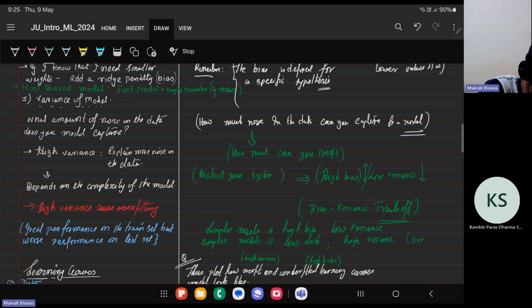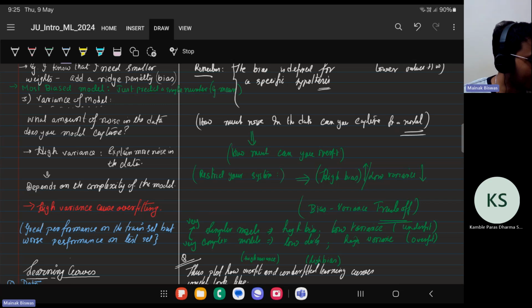And this will overfit, this will underfit. So you would need to find something that is not very simple and not very complex, but something in between. And how we'll do that, we'll be seeing now.